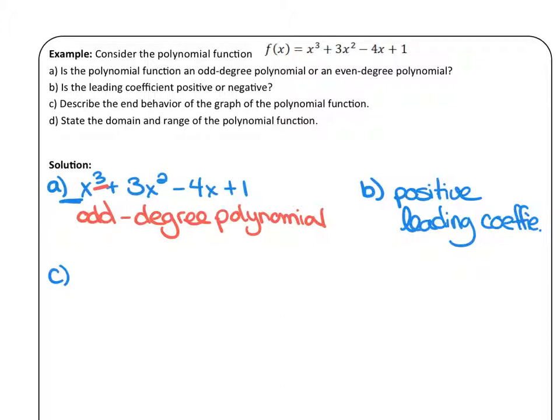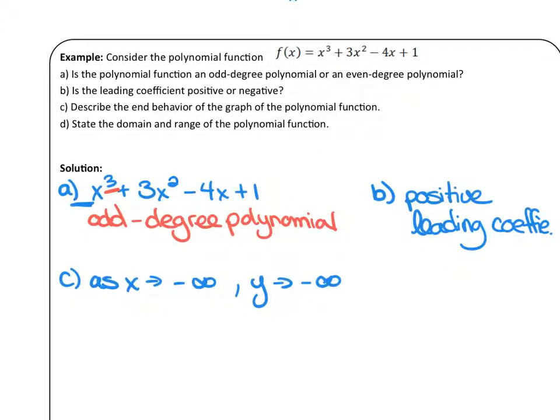And so we can say as x goes to negative infinity, so as x is really, really low, then the y goes to negative infinity. All right, and then we can talk about the positive values. So as x goes to positive infinity, y also goes to positive infinity.